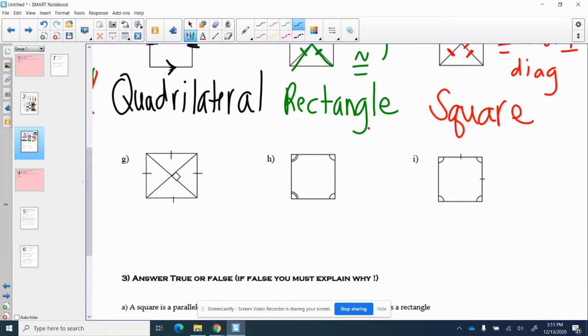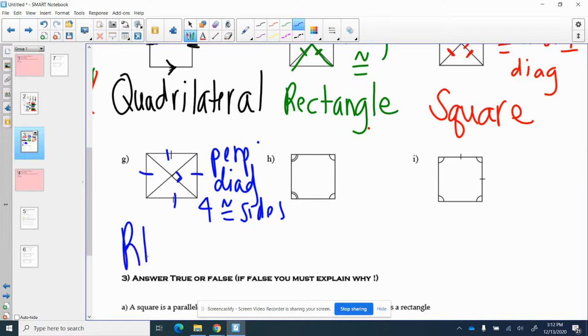Now, in the next example, we have the perpendicular diagonals and we have four congruent sides, right? Because we have all pieces marked here congruent. Those are both properties of a rhombus, the four congruent sides and the perpendicular diagonals. We do not have any extra information, though, to say that this could be a square.